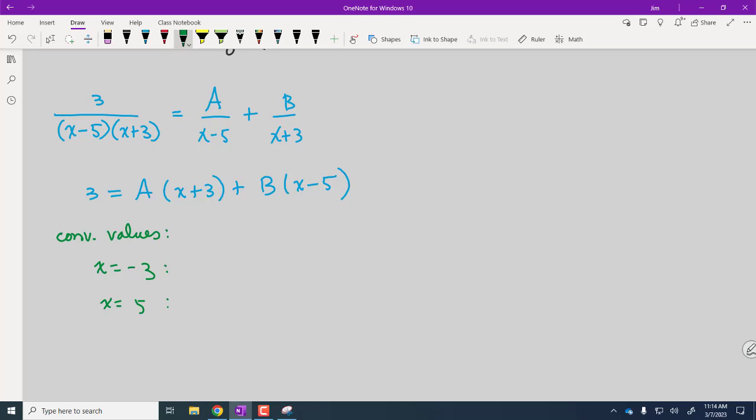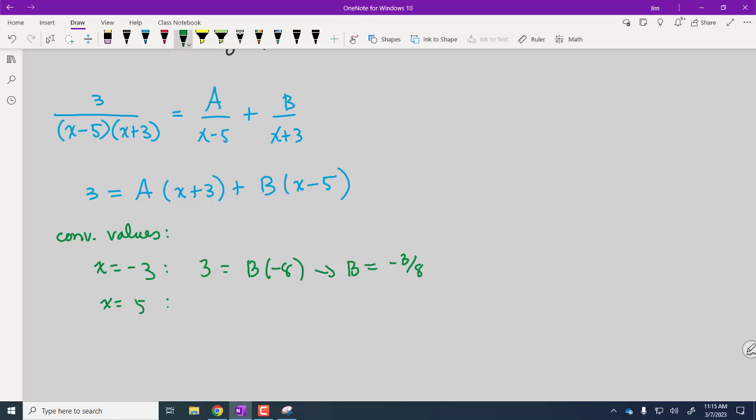And then we run those numbers in. We put them in for x. All the x's you see, replace with -3. Here you'll get 0, and you're going to have B multiplied by -8. So B is going to be -3/8. And then you run the 5 through.